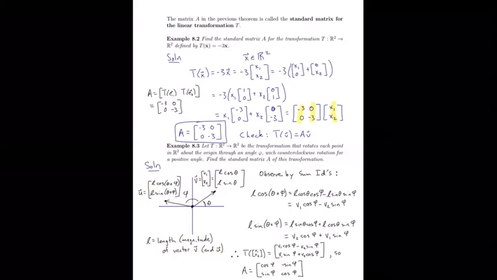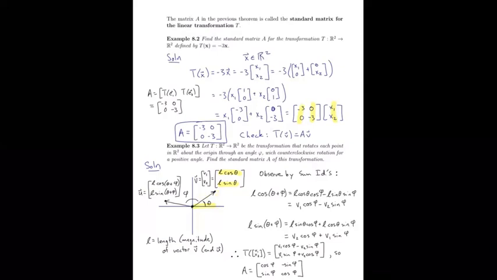Now, remember from converting from rectangular coordinates to polar coordinates, that if we have the length of this vector and the angle theta it forms with the positive horizontal axis, then we can express V1 as L cosine theta and V2 as L sine of theta, forming that right triangle right here.